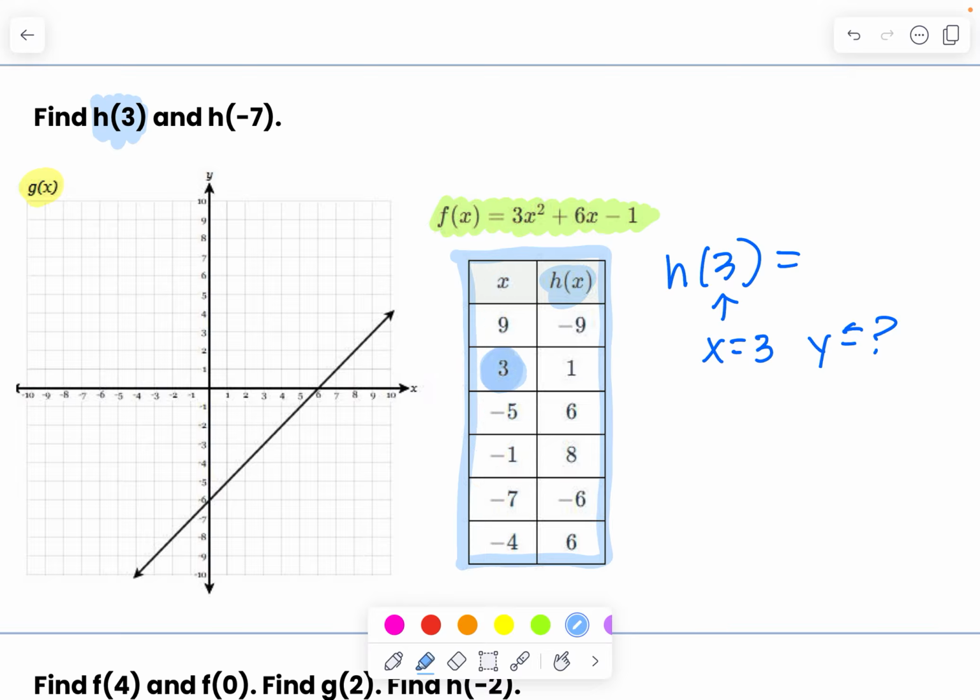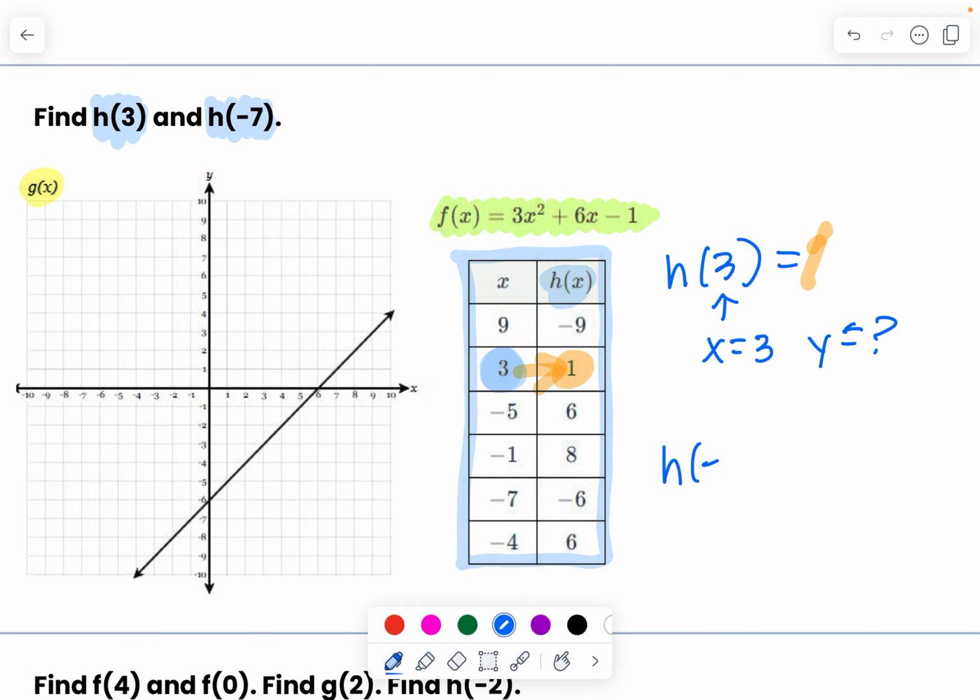So if x is 3, then y is over here in the y column. H of x, remember, that means output, y. So y is just 1.